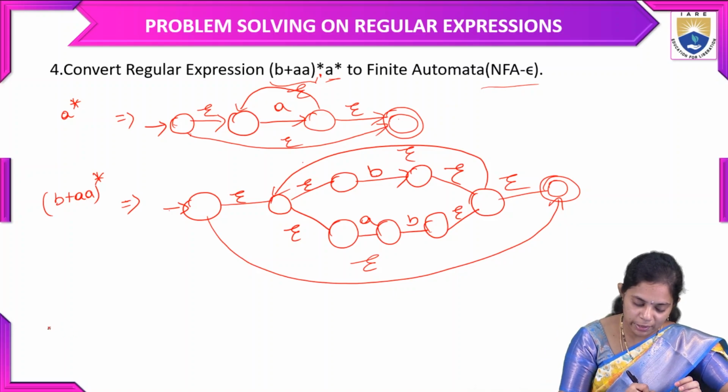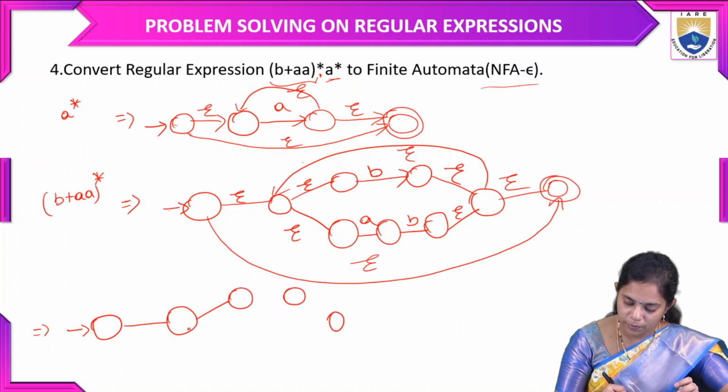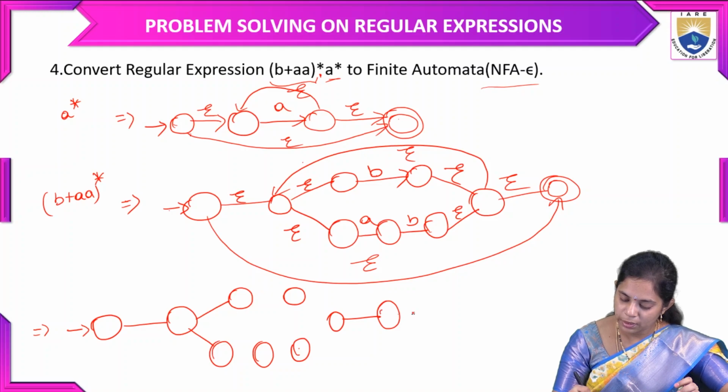So let me write this expression. So first initially, the same thing we need to write. So here we need to write this one. So it is not a final state. Why?